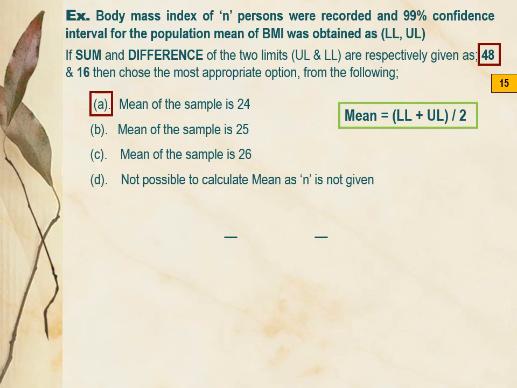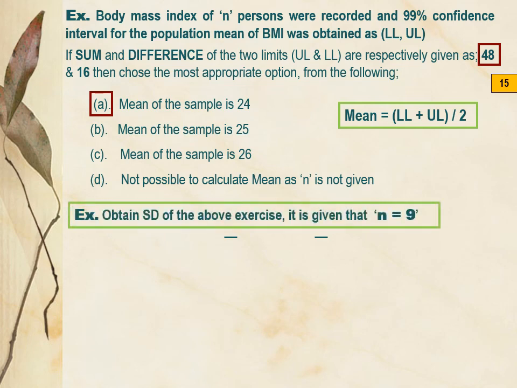A small numerical question can also be designed here, that is written here. If the data is given as above, obtain SD of the above exercise. It is given that n equals 9. Same as you did before. Here you are given the difference and total. So you are given upper limit minus lower limit equal to 16.